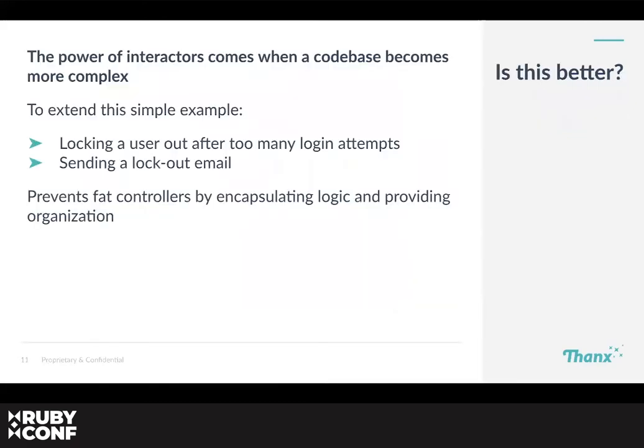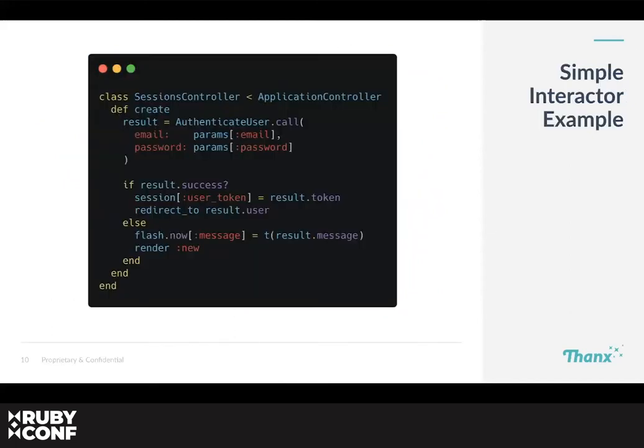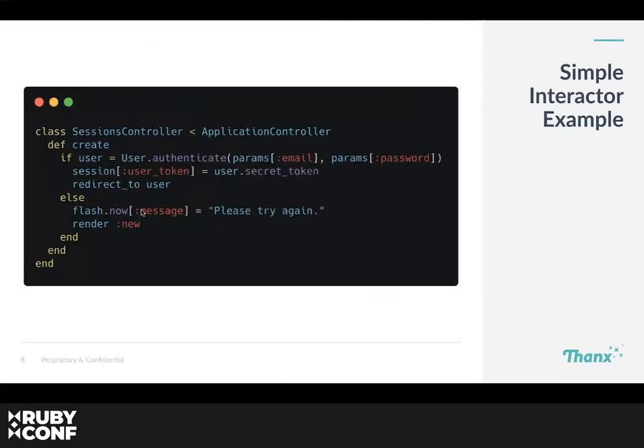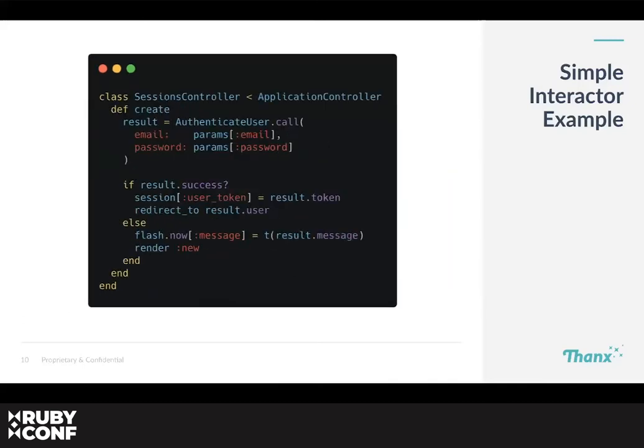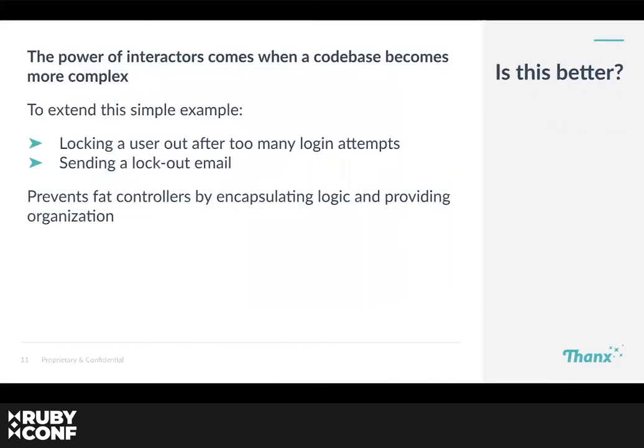And you may be asking yourself, is this even better? This is actually more code than it was in the original example. Why not just embed all your logic into the controller? What gives? This doesn't seem better. And the reason is because the power of interactors comes when a code base becomes more and more complex.